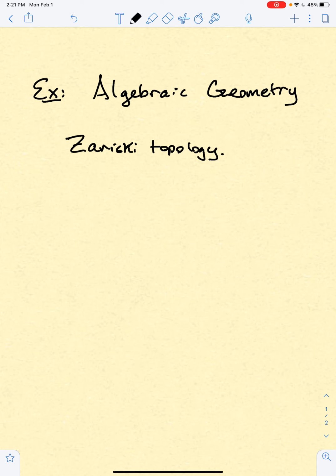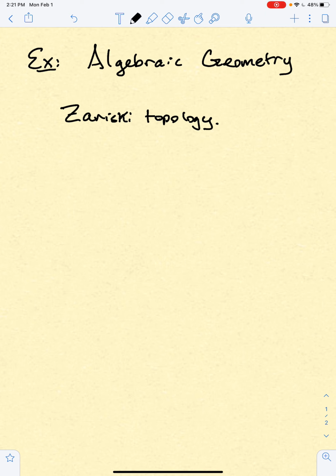Let's just say on R2. Well, if it's on a non-algebraically closed field, it's kind of gross. So maybe we'll just do C2, or Cn, doesn't really matter.